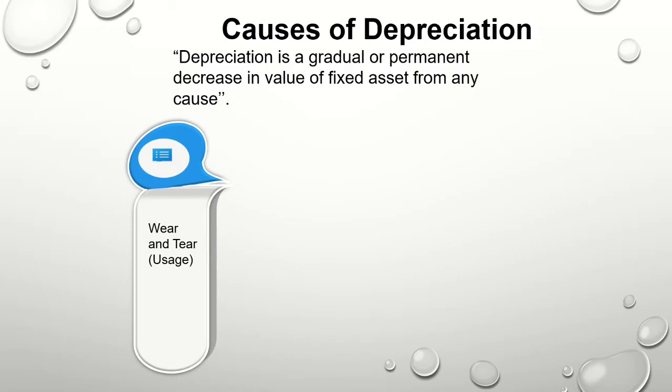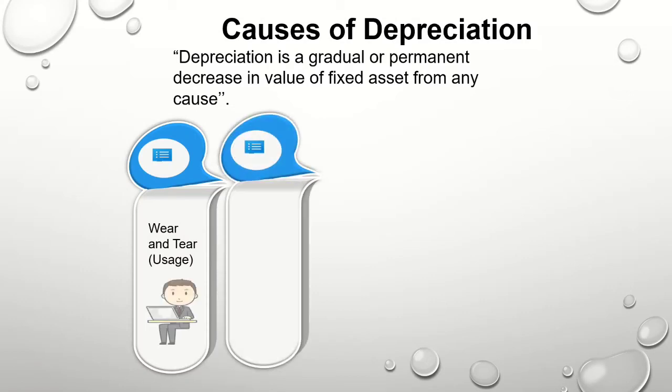Next, we'll see exhaustion, that is depletion of natural resources. In case of wasting assets like coal mines, oil wells, etc., the assets are amortized and used as per the extraction of natural resources done during the period.